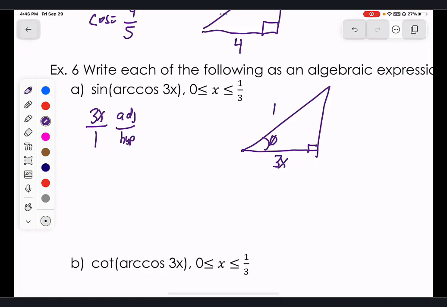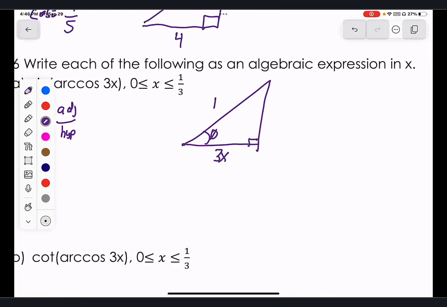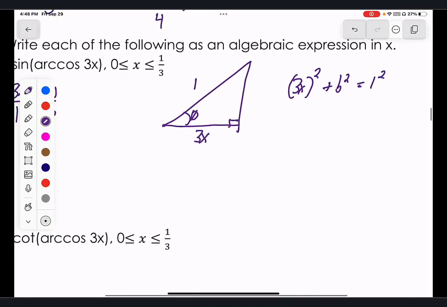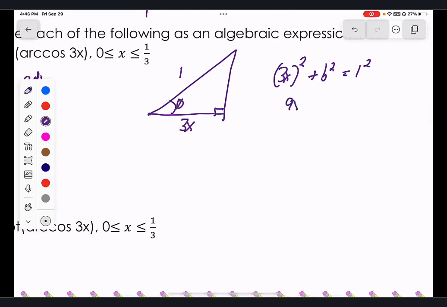Our hypotenuse is 1. And now we have to compute this other side. So that's going to be 3x squared plus b squared equals 1 squared. And so we have 9x squared plus b squared equals 1. B squared equals 1 minus 9x squared, or b equals the square root of 1 minus 9x squared. So we have the square root of 1 minus 9x squared for this side.